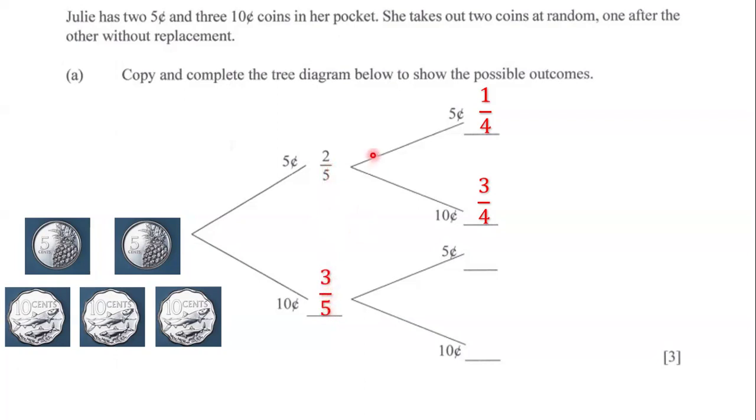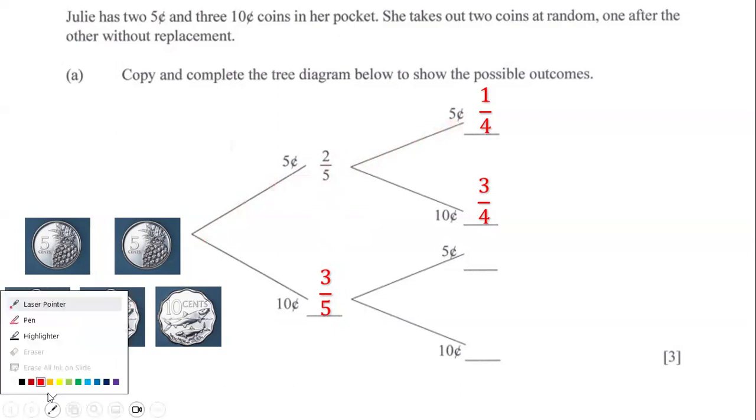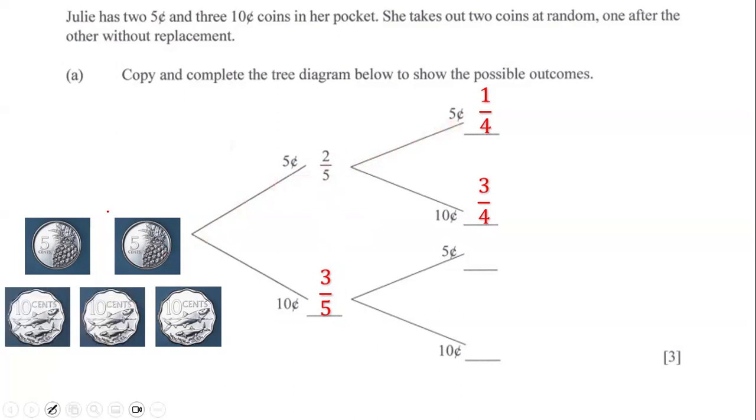Now, let's move on. After she already chose 1 5-cent, what is the probability that she will choose another 5-cent? Now, it's important to understand how we're going to get our answer. Remember, when she chose 1 5-cent, that 5-cent is no longer there.